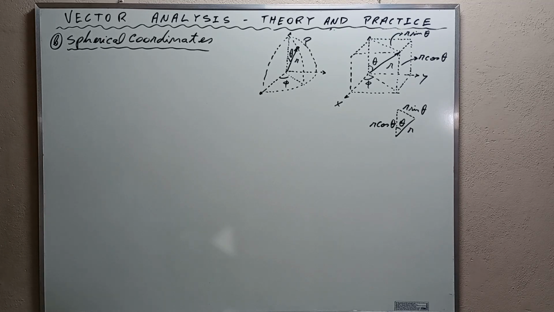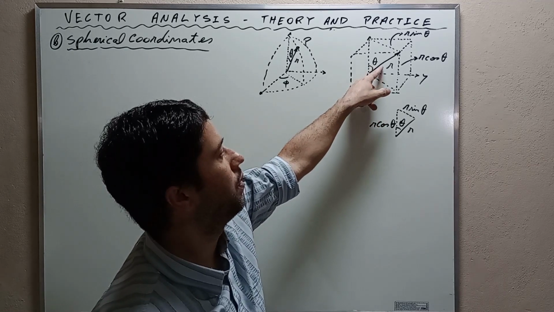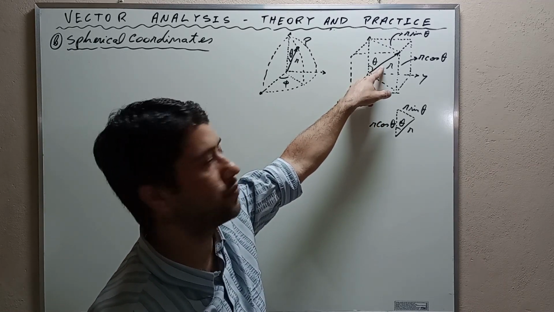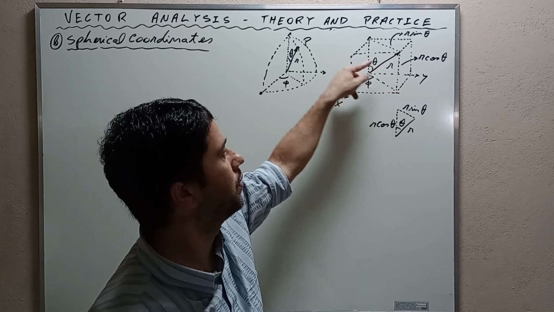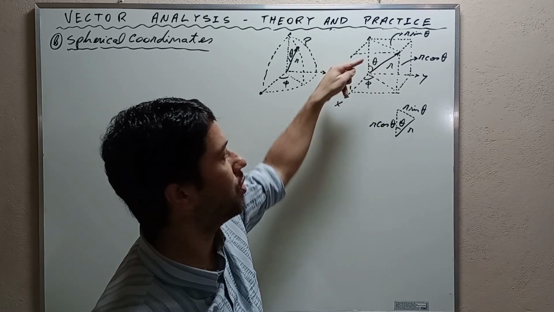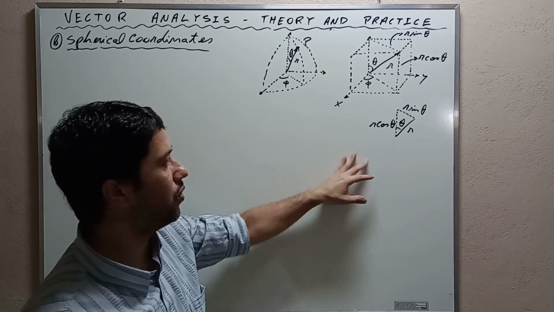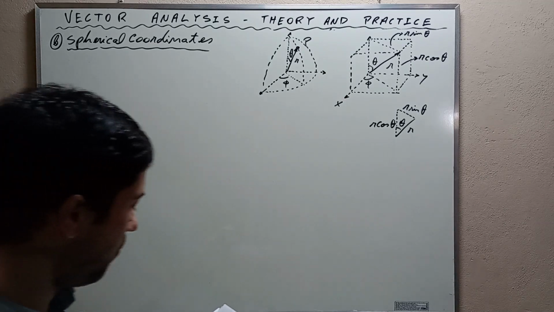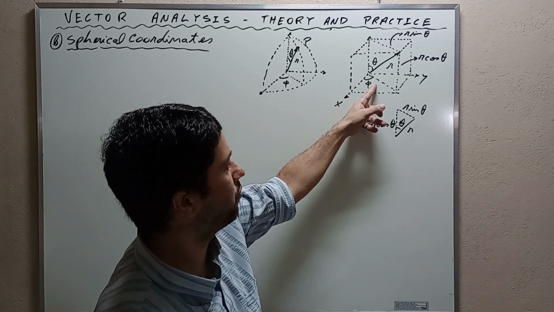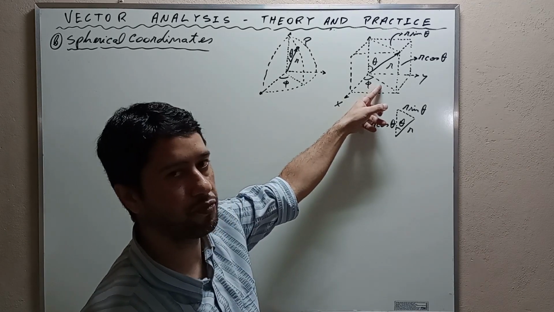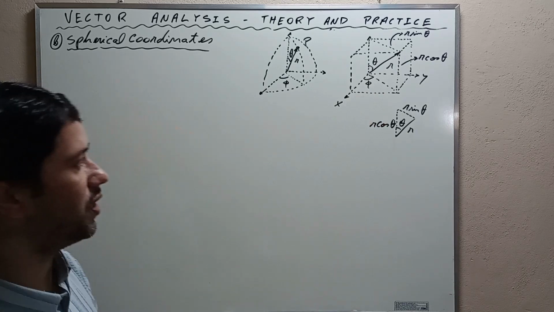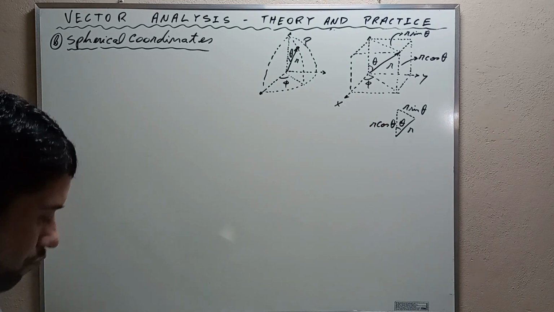Thus, it is equal to the length of the vector times the cosine of the angle, okay? But we are more interested in this here below, which is r times the sine of the angle, okay?